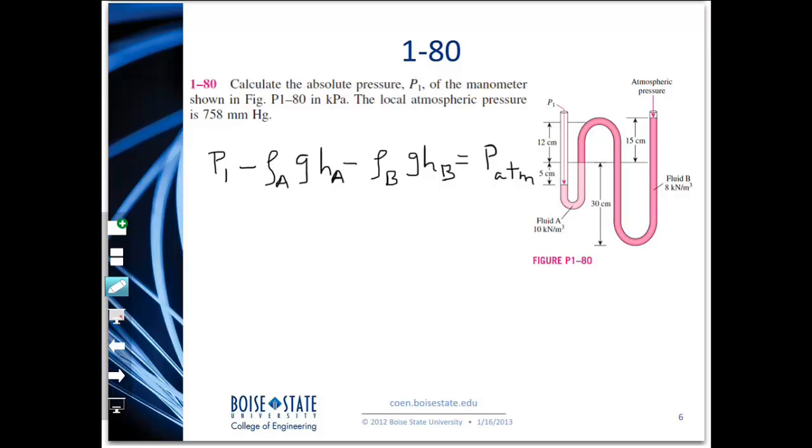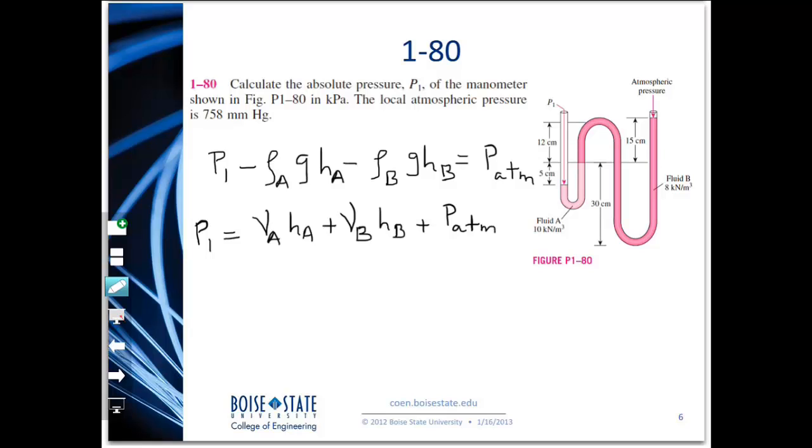In this case P1 will be the absolute pressure which we calculate. However, we have to slightly simplify this. So P1 equals gamma, which is the specific weight, which is rho times g, times HA, plus gamma B HB plus P atmospheric.